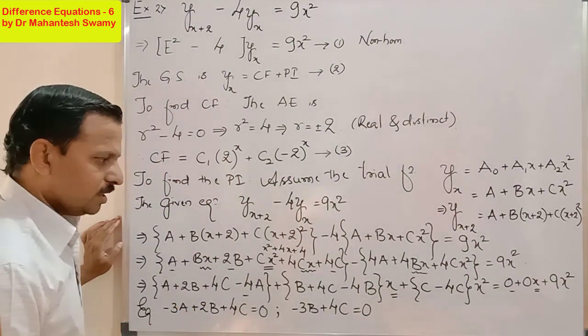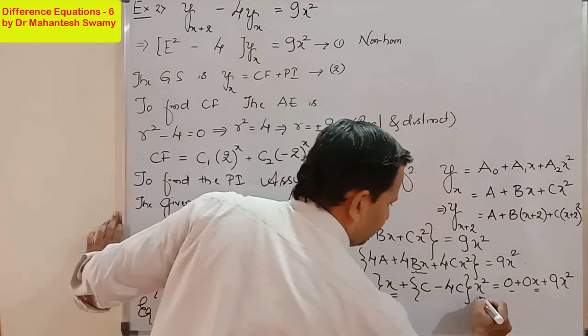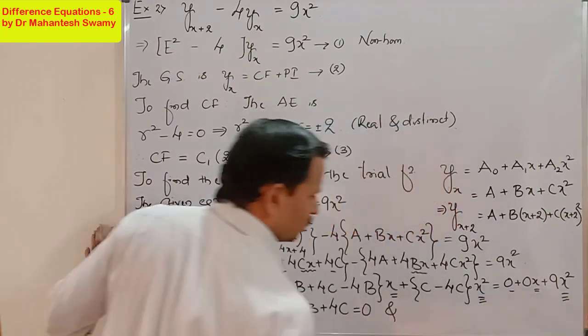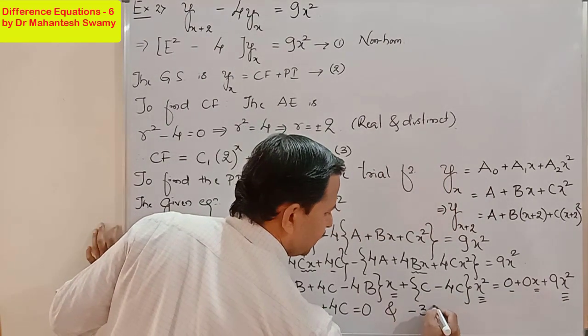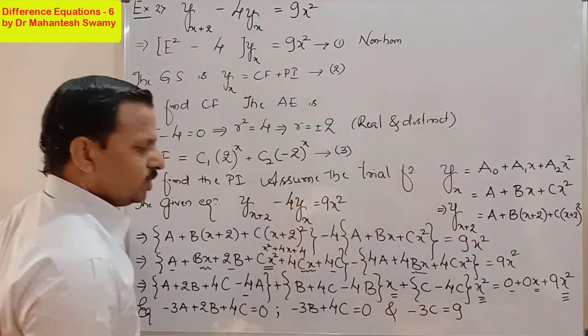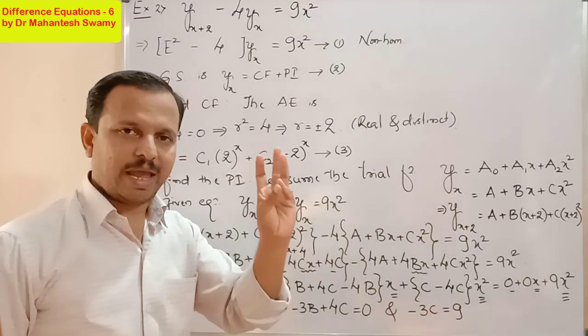So the second equation I got. And when I equate the coefficients of x square on both sides, here it is minus 4c plus c, which is minus 3c on LHS, whereas on RHS it is 9.